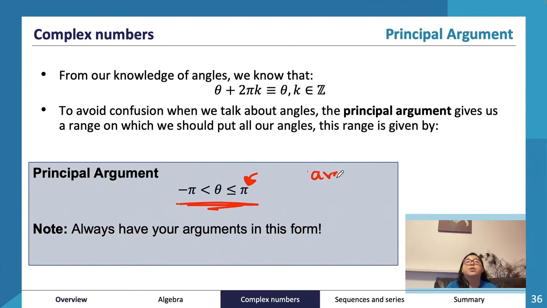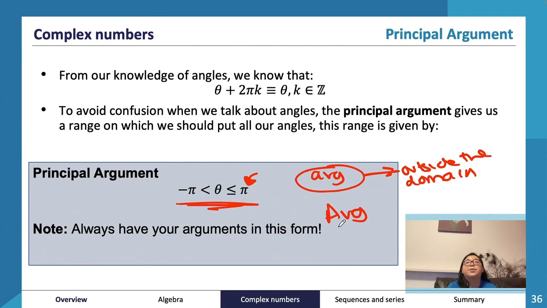Sometimes they'll ask for a lowercase arg in which you might get away with being outside the domain, but I would say it's always safest to keep your answers within this domain. The capital Arg actually refers to this domain for the angle, whereas the lowercase doesn't. But I would be really careful, because especially when you're solving, you'll always be solving for this domain.